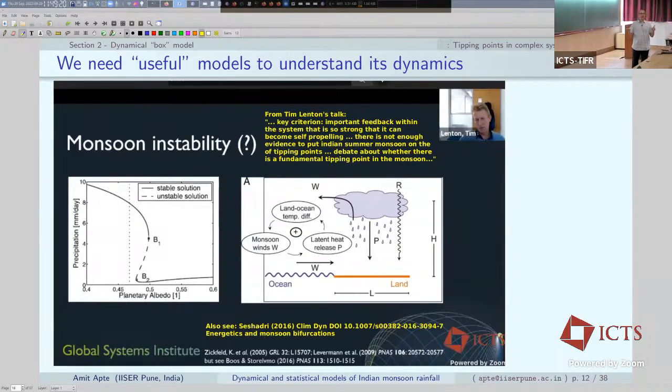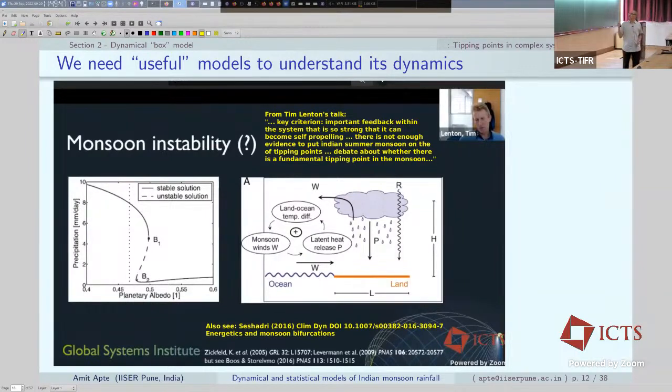One of the key criteria for tipping points, I guess that's a very nice summary of this whole last 2 weeks, of what is required in a system for tipping point, as he captured quite well, is important feedback within the system that is so strong that it can become self-propelling. And this is a key characteristic of systems that have tipping points.